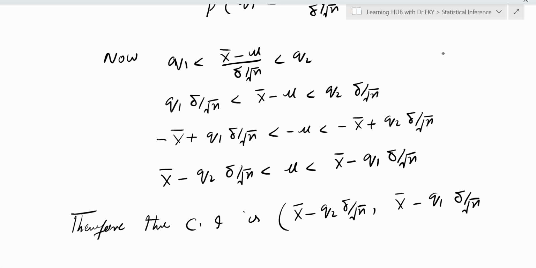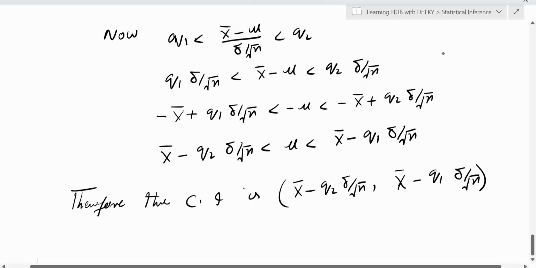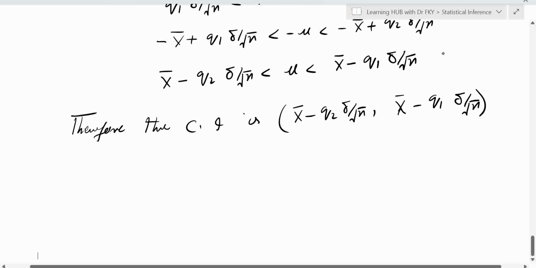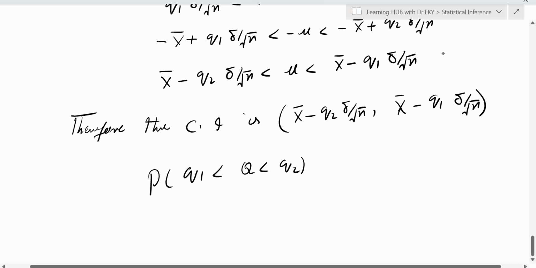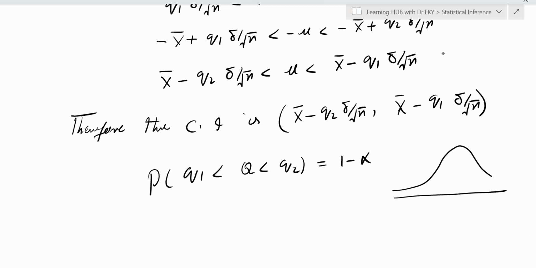Now the question is, how can we calculate these? Because these are the two limits, and there may be many pairs of Q1 and Q2. I will write the statement again: the probability that Q1 is less than the pivotal quantity, which is less than Q2, is equal to 1 minus alpha.